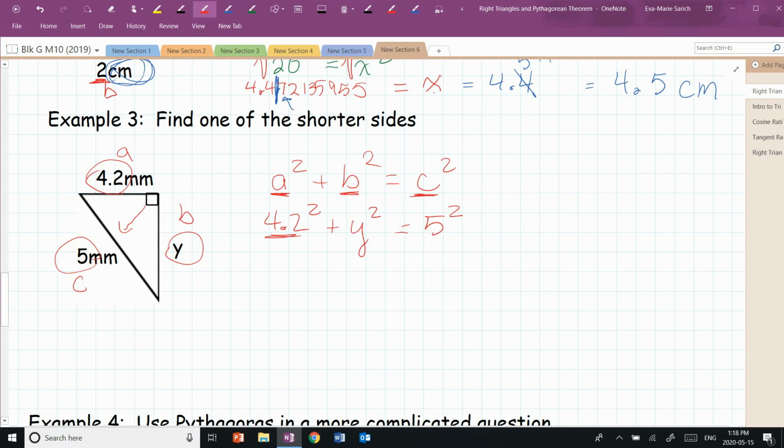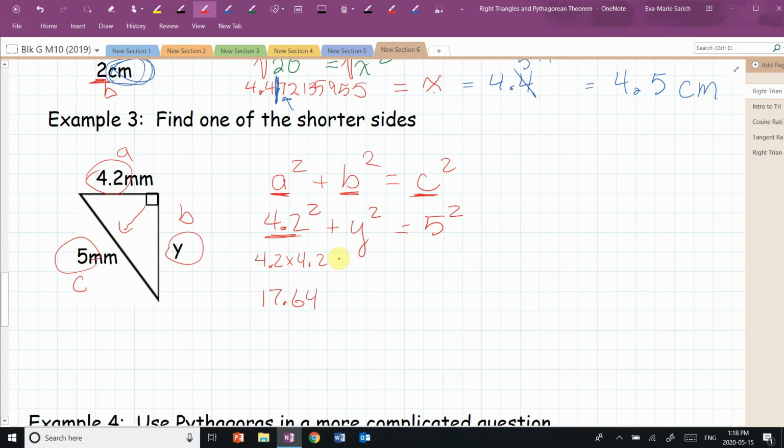So the next thing is to square the numbers. So 4.2 times 4.2. Okay, remember you're not adding them. It's 4.2 times 4.2, and that gives us 17.64.